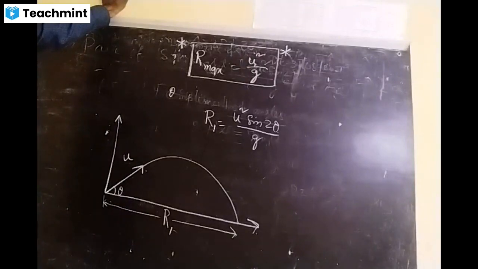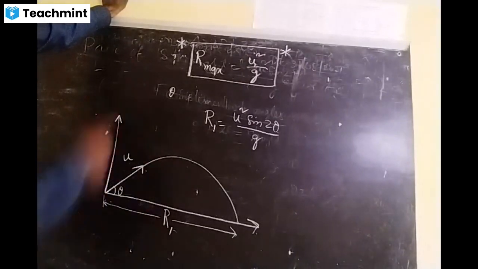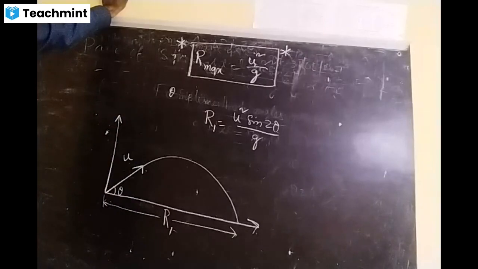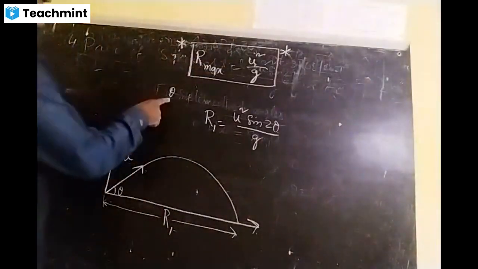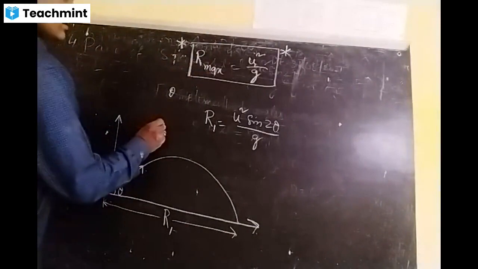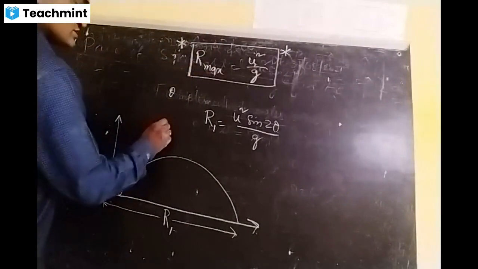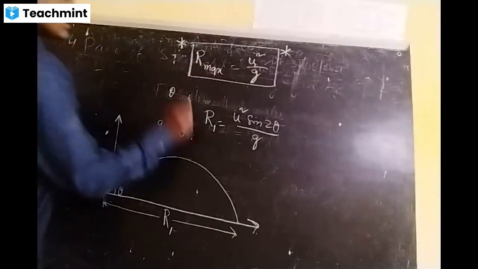Now, if I project the particle with another angle, 90 minus theta, with the same velocity, what should I get as the range? The first angle is theta, and the second angle is 90 minus theta.